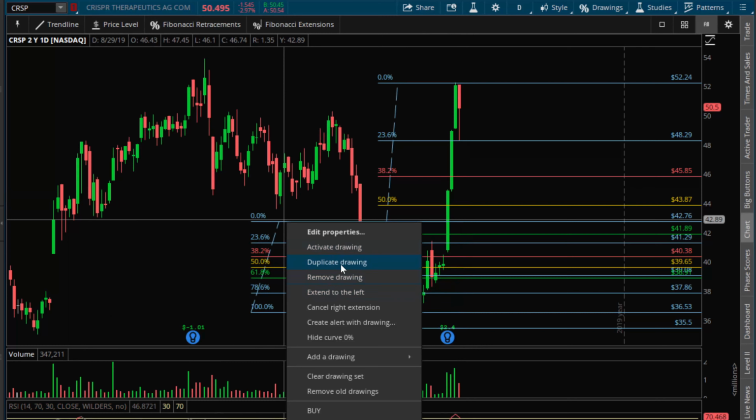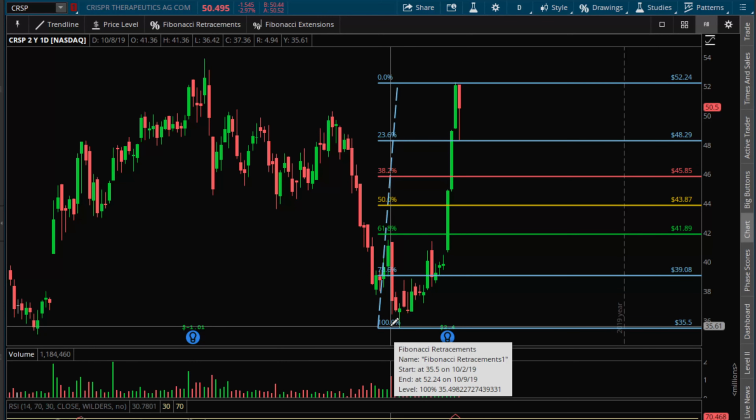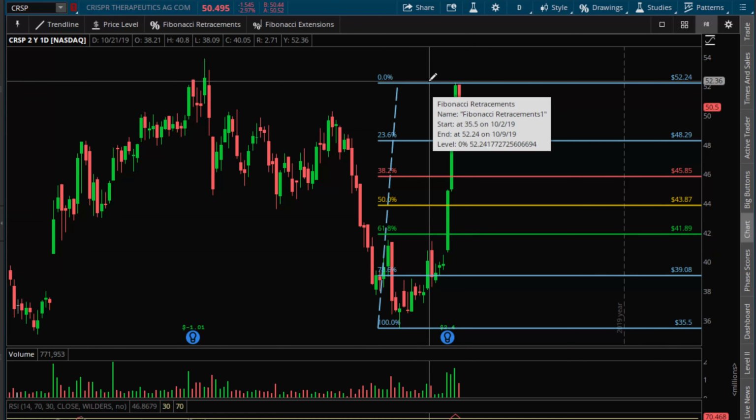Now, just pulling up this chart here, I'll talk about some of the ways that this is used. You're going to want to drag from the start of a move or a reversal and drag up to the top of that move.